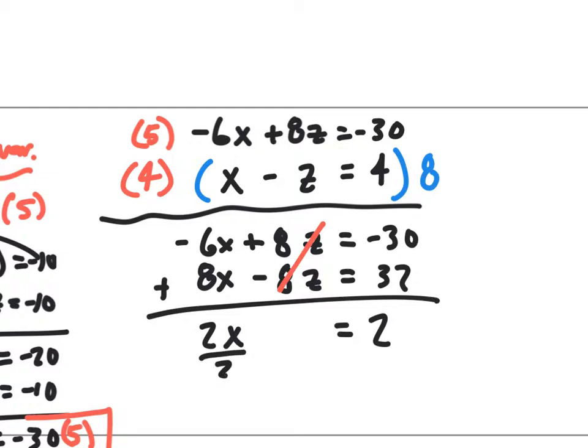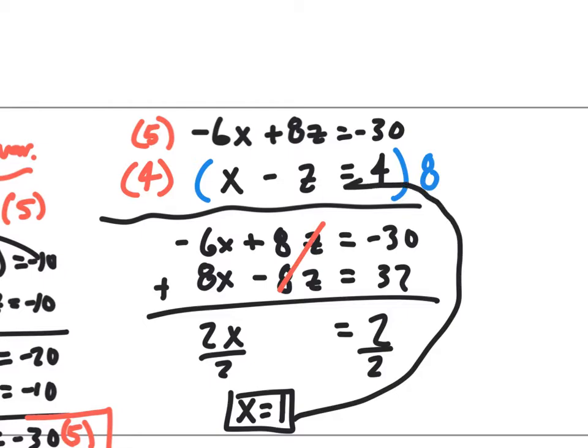Now I'm going to divide by 2 and divide by 2, and so what I end up getting is that x is equal to 1. Okay? So I've solved for one of the variables. But now I can use this variable to go back and solve for z. I'm going to plug it into this fourth equation.